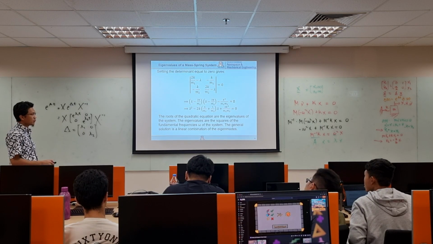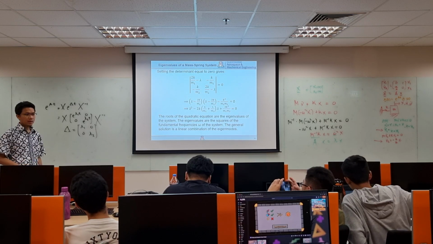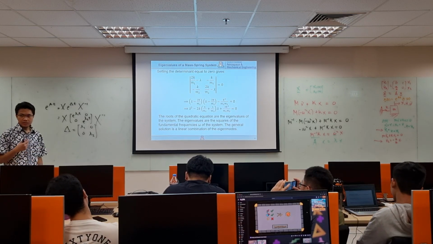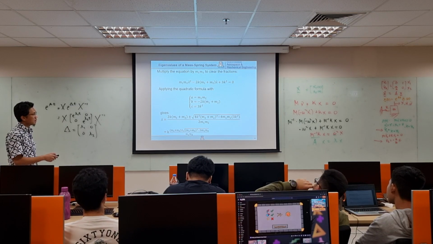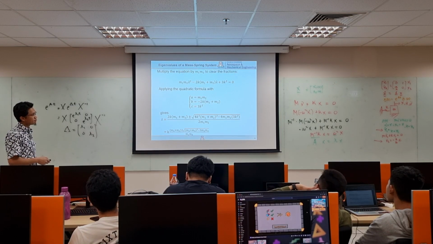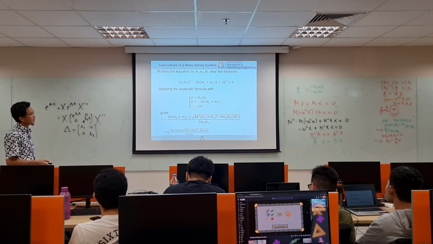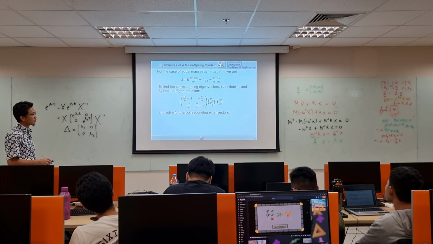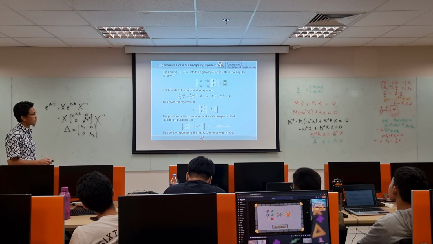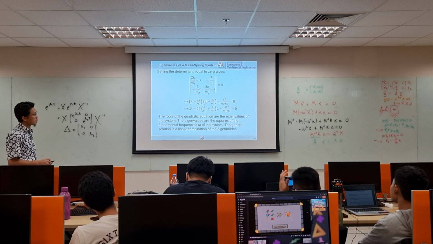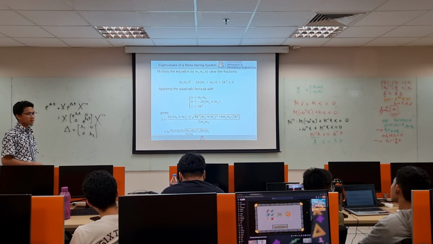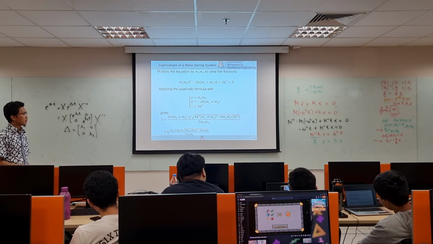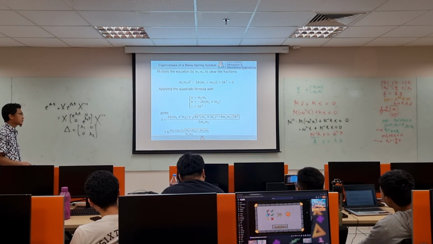The thing is that we have to find the lambda, and you can use the ABC formula directly. But in this case, the slides multiply the equation by m1 times m2. The lambda is a function of k, m1 and m2.